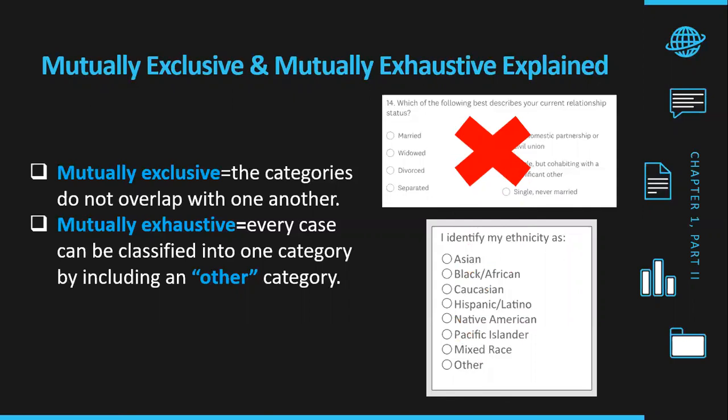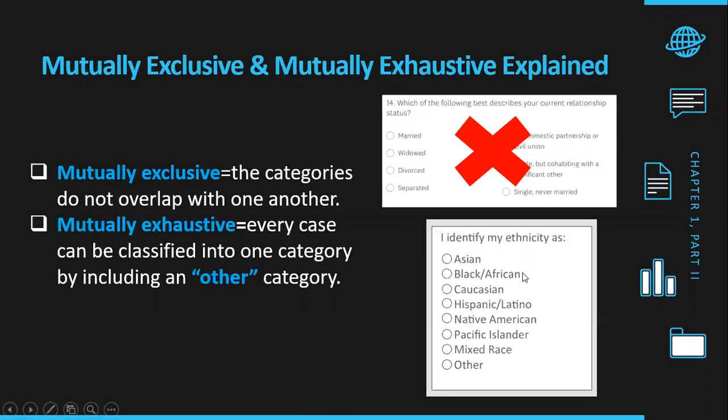So this variable here is what would be considered mutually exclusive and mutually exhaustive, because it includes various different ethnicities from which a respondent can choose, but it also includes an other category. And so this way, this is what makes the variable mutually exhaustive, because if the respondent does not find their ethnicity listed, they can simply choose the option other.